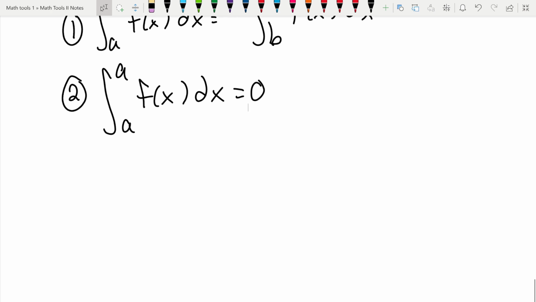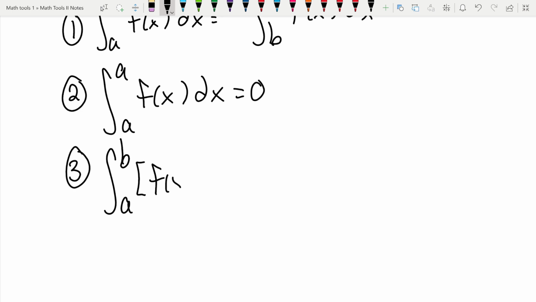Some of the other properties are just inherited by the fact that this is really just a sum and a limit, and we know about some properties of sums and limits. So if we want the integral of f of x plus g of x from a to b, with limits we could do these separately, and with sums we could do this separately.